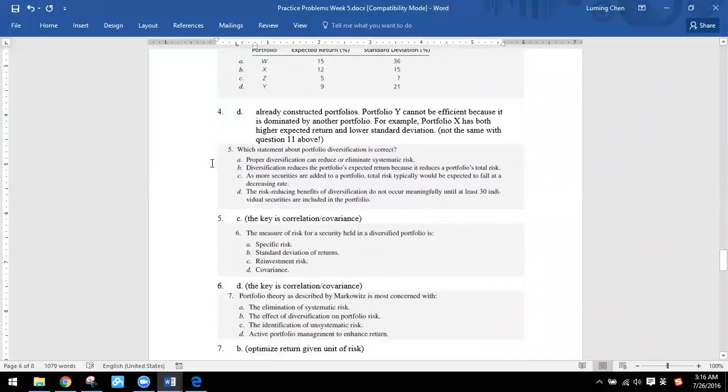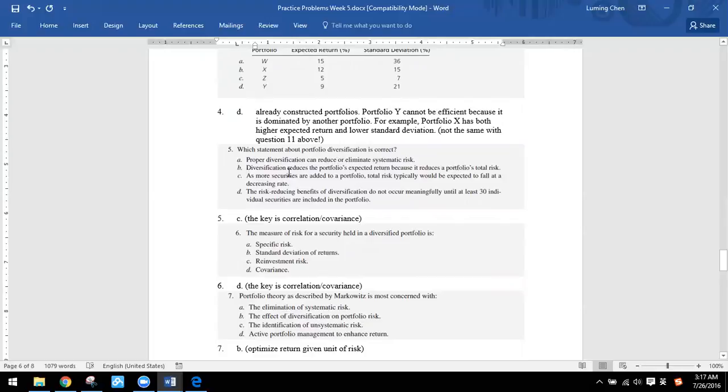Number 5, which statement about portfolio diversification is correct? A, proper diversification can reduce or eliminate systematic risk. It can never eliminate systematic risk. B, diversification reduces the portfolio's expected return because it reduces the portfolio's total risk.